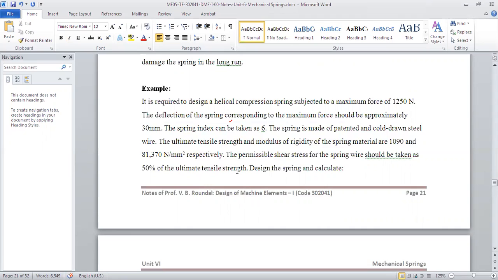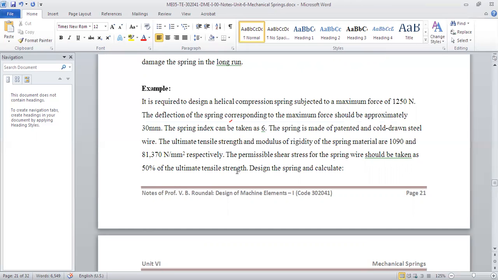So the load on the spring is given as 1250 Newton, and the deflection for that maximum force is 30 mm. So we know the deflection delta, this is the allowable deflection, and the load is given. So we immediately know that the stiffness is 1250 upon 30, so it will be 125 upon 3.